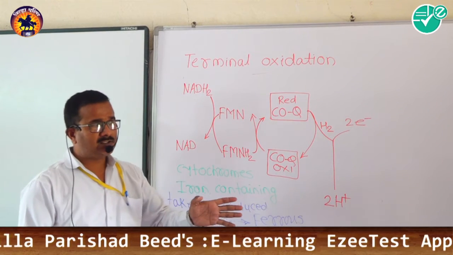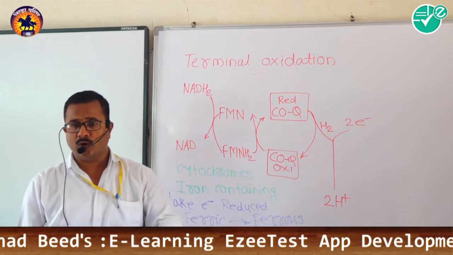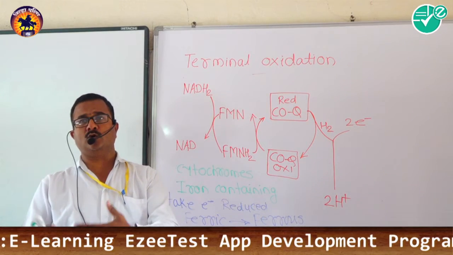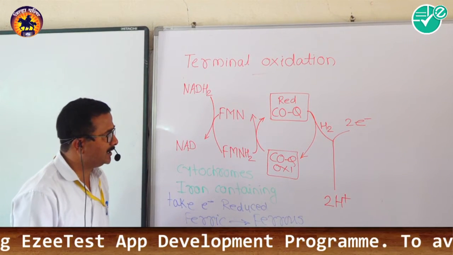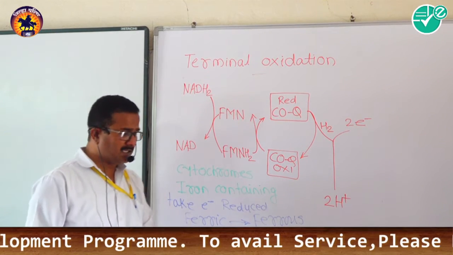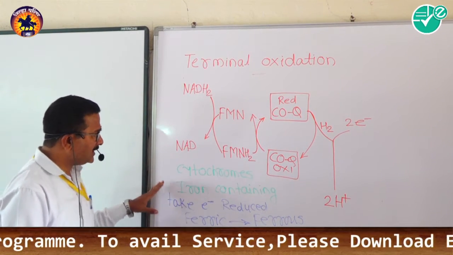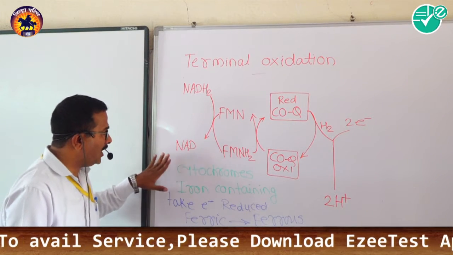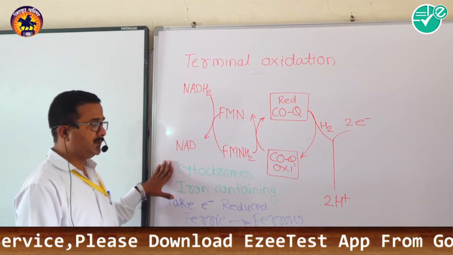These electrons move from one electron acceptor towards the next electron acceptor. These electron acceptors are the iron containing substances, generally called the cytochromes.